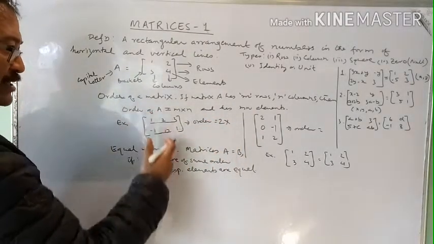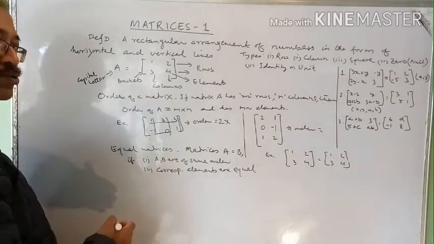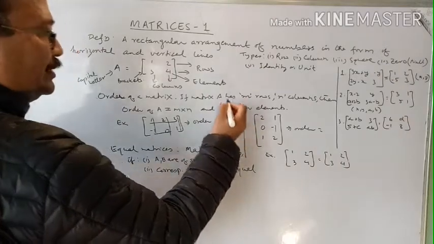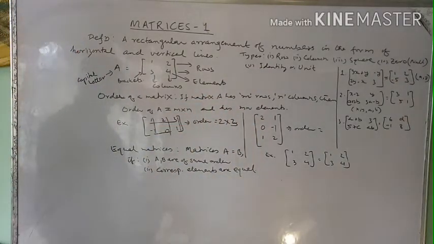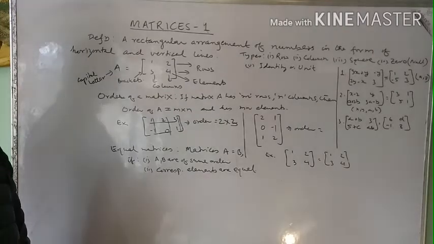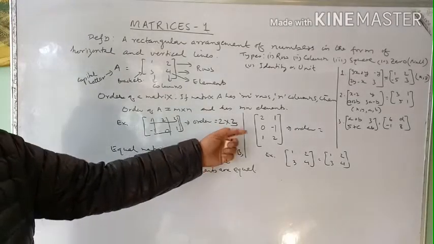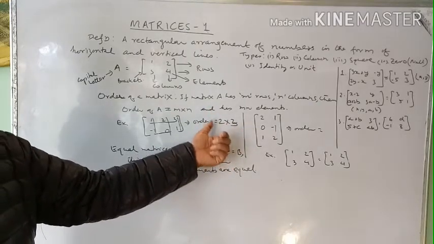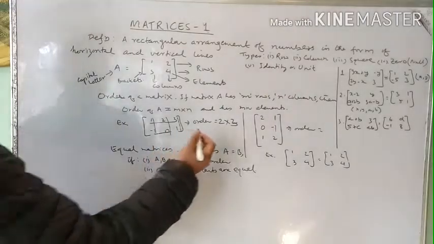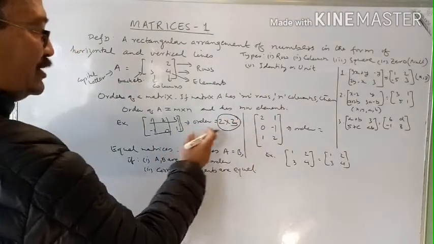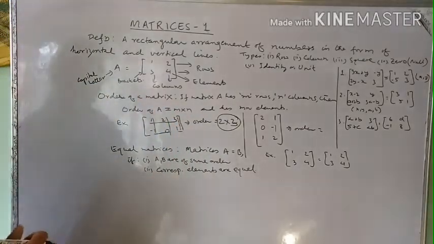See the vertical lines: 1 2 3, so it has 3 columns. So the order of the matrix is 2 by 3. You don't multiply 2 into 3 to get 6. It is read as 2 by 3. This indicates that this matrix has 2 rows and 3 columns.